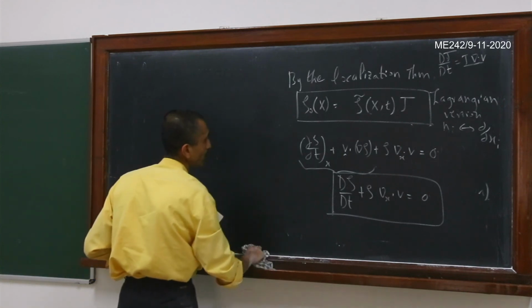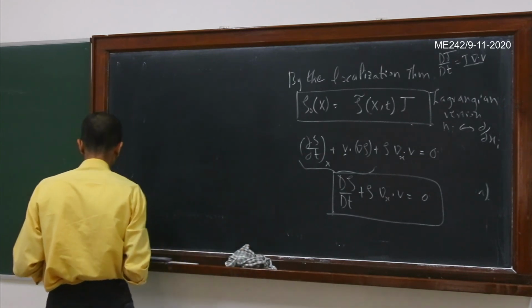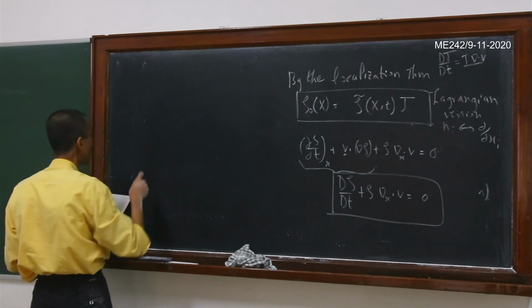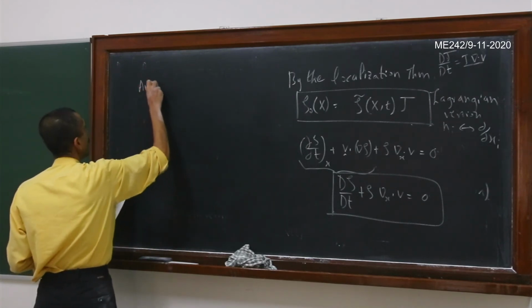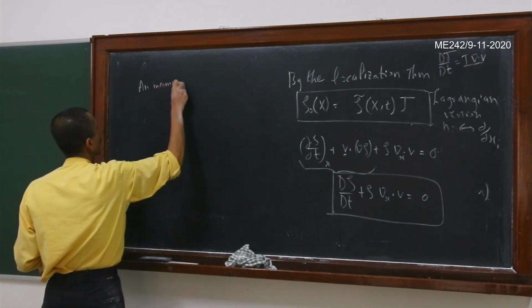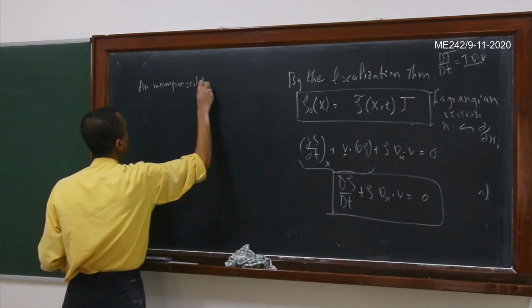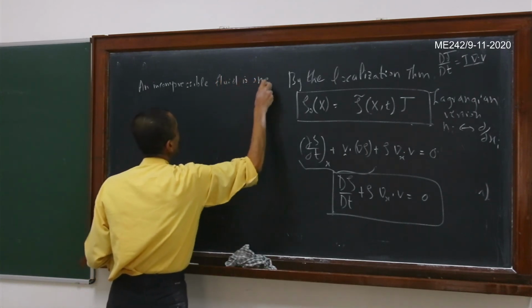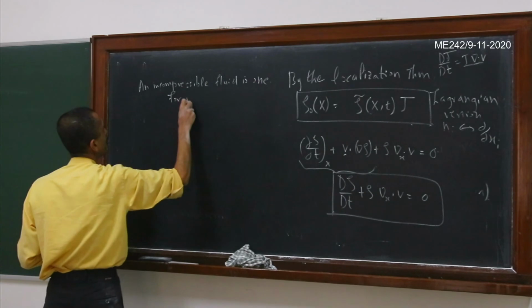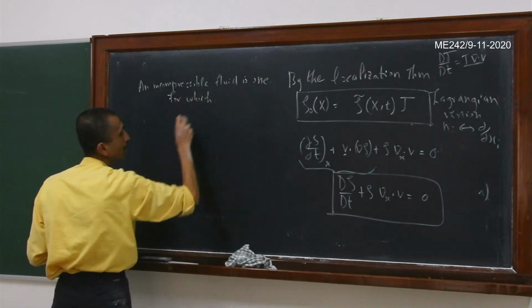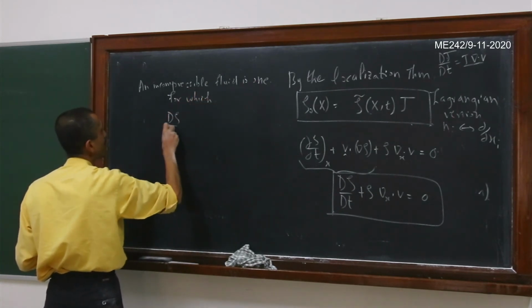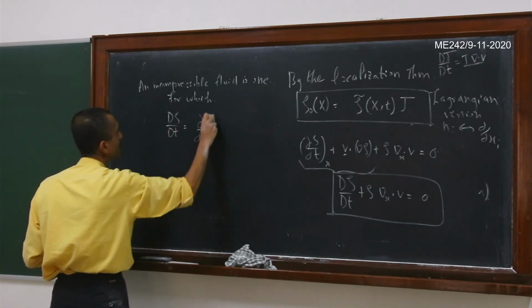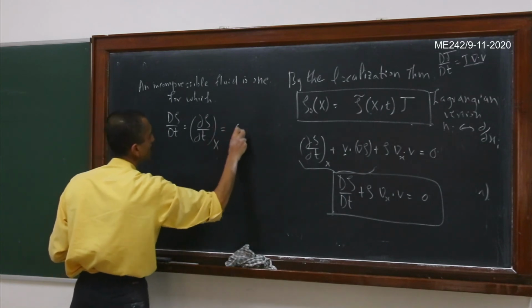An incompressible fluid is one for which d rho by dt, which is equal to del rho by del t keeping capital X fixed, is equal to 0.